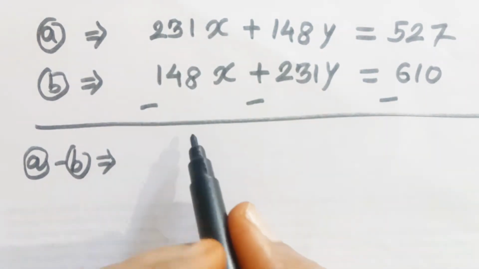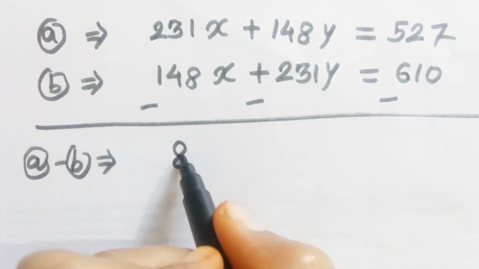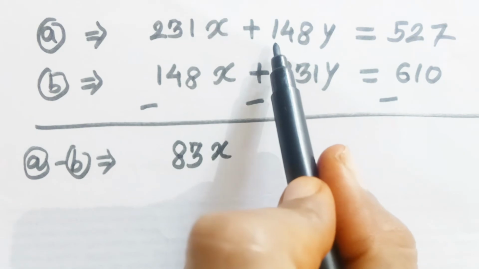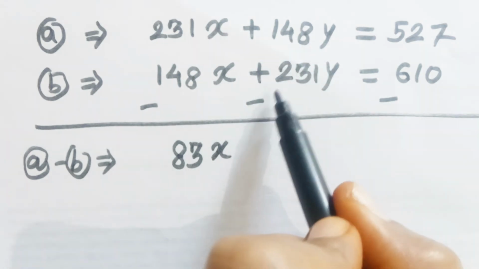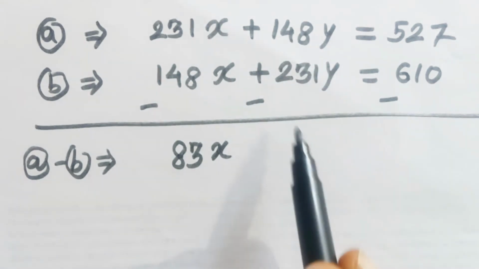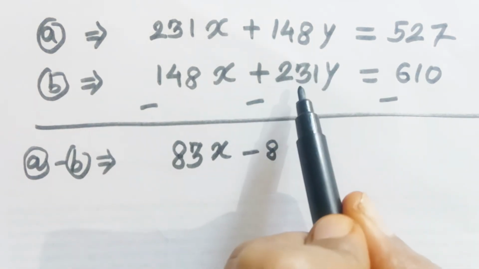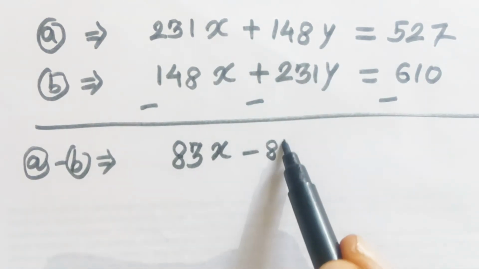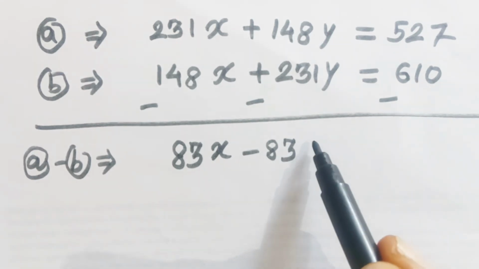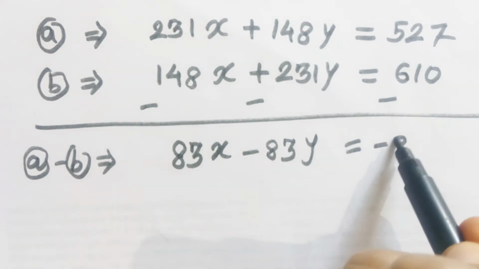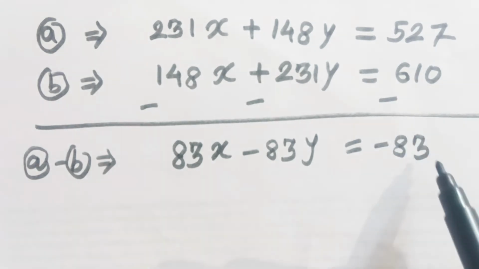If we subtract, then we get 83x, and similarly 148 minus 231. So here minus 231, so the subtraction is the same, but here the sign of this big number is minus, so it is minus 83y is equal to, here the subtraction of these two numbers is minus 83.